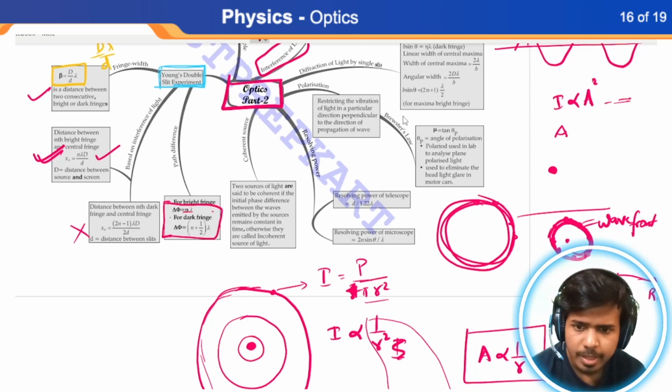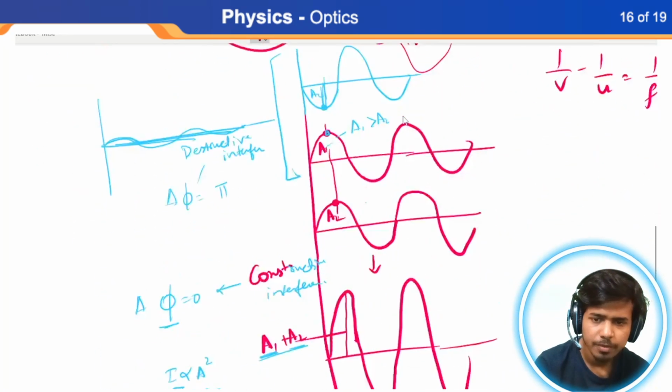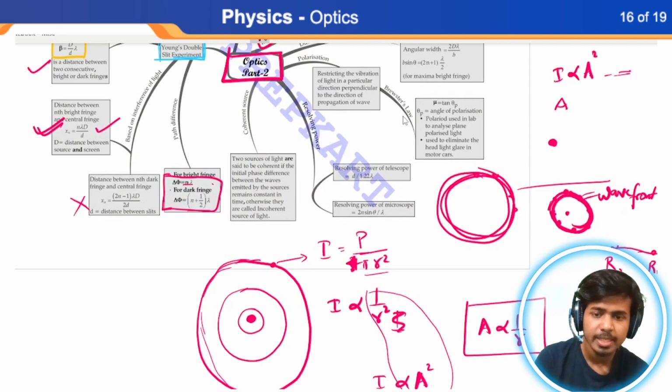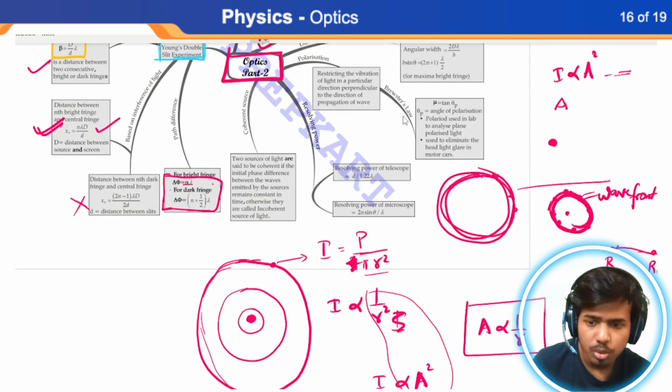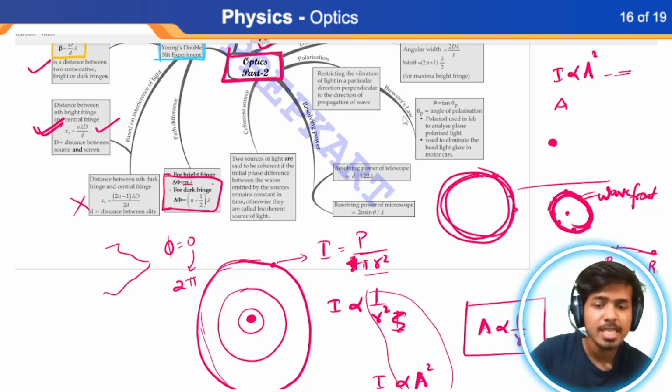For a bright fringe, n lambda, and for the dark fringe, it is (n plus 1/2) lambda. The phase difference, because it has to interfere, right? If both the lights interfere with the same angle, or if the phase difference between them is 0, then it must mean that it is going to be in terms of 2 pi, 4 pi, 6 pi.